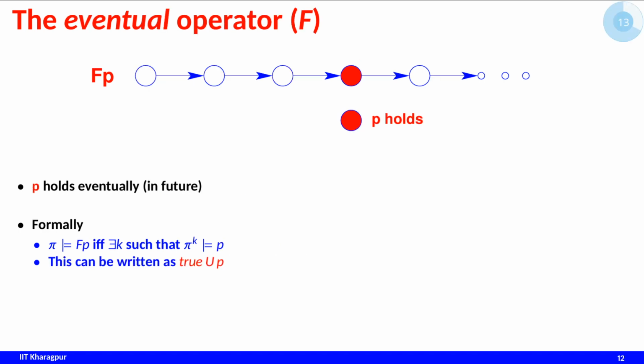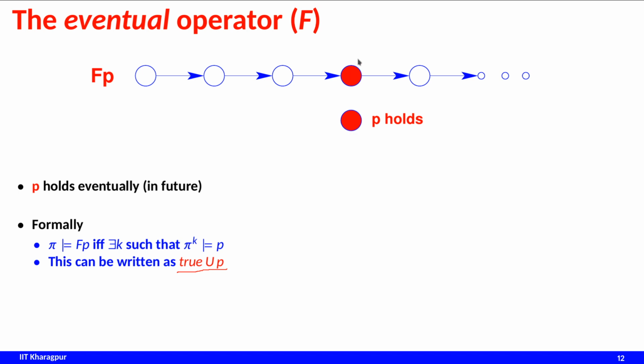The eventual operator, you can understand from the meaning, eventually it should hold. It's not necessary in the next state, but sometimes in the future, so we specify that with FP. And if we use the until operator, then we can specify the property in this way: true until P. That means if nothing is labeled, true is true in this state by default.